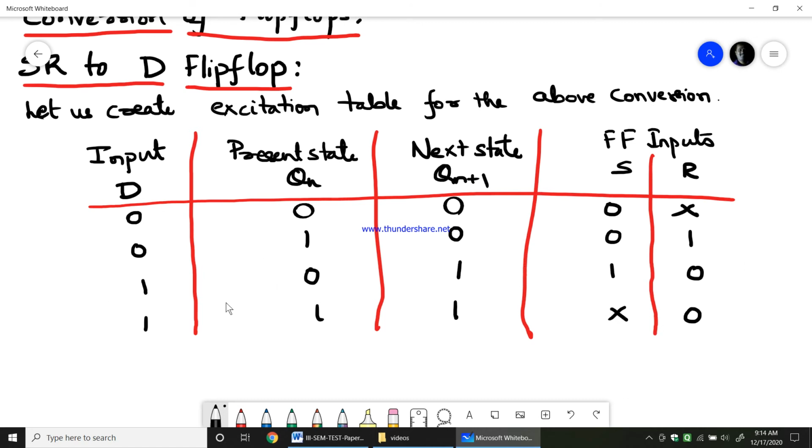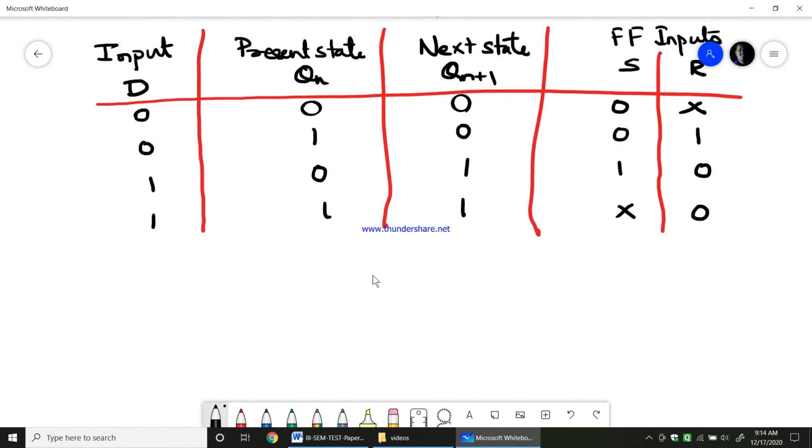Now keeping this table, we are going to create a K-map. K-map for what? K-map for S and R. When you write the K-map for these two, you will be able to convert the flip-flop to a D flip-flop. K-map for S first, and then we'll go for R. While writing the K-map, you consider this D, the input, and the present state.